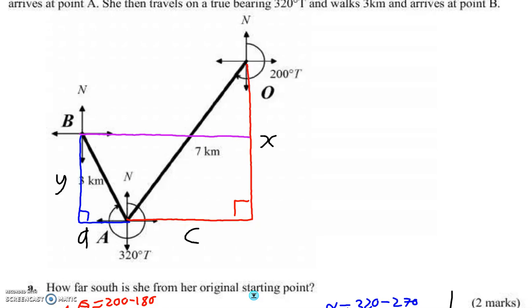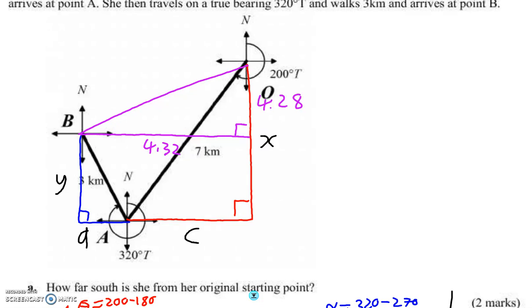There is your right angled triangle. We already know the distance south. The distance south is 4.28. We know the distance west. The distance west is 4.32.